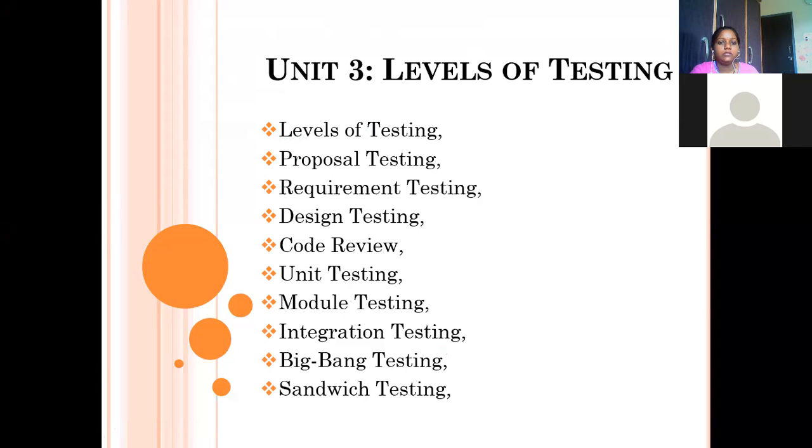Then we have unit, module, and integration testing. All these three should be taken together so that you can get the idea properly, and then big bang testing and sandwich testing will remain. Maybe in the next lecture, which is of 1 hour, we will cover these three first, and then the remaining two, big bang and sandwich testing.